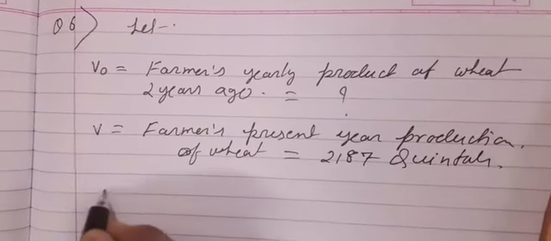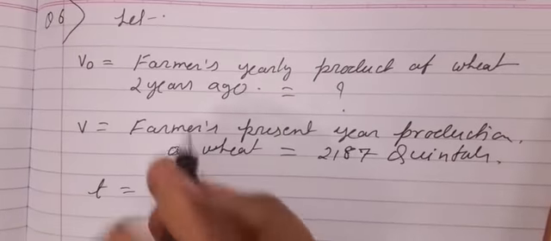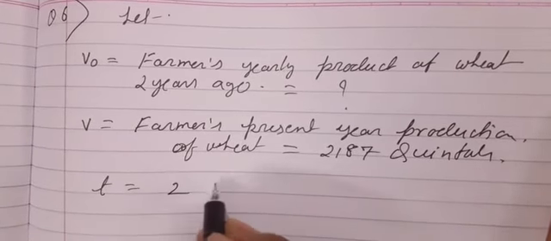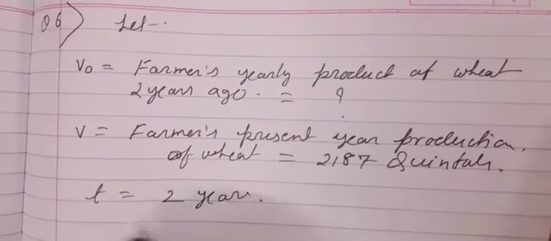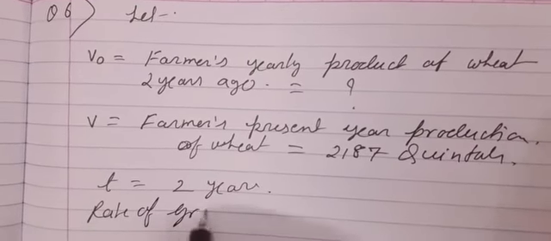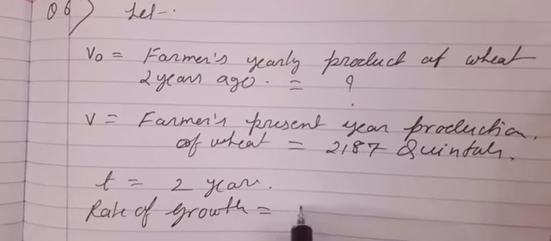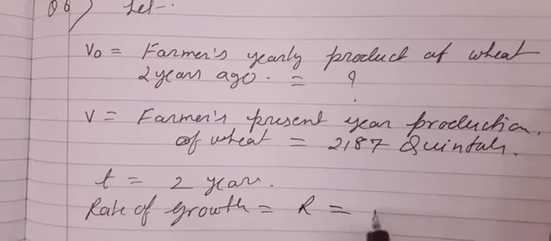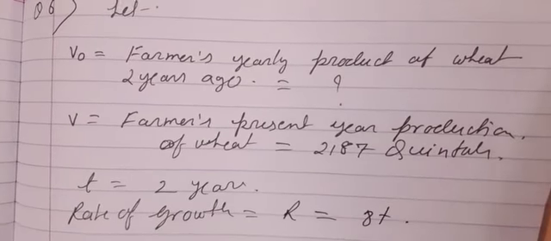And the timing is 2 years, because time and again we have written 2 years, so 2 years is the timing. The rate of growth, we will denote it by R, is 8%.